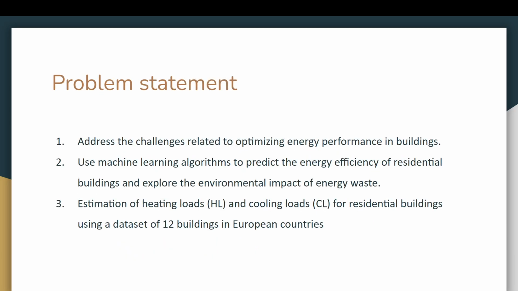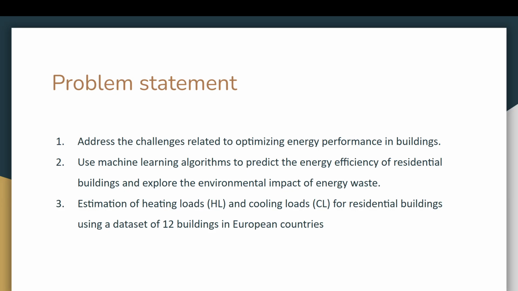The research aims to address the challenge related to optimizing energy performance in buildings, particularly focusing on reducing energy consumption to enhance energy efficiency. The study seeks to forecast the energy efficiency of residential buildings by utilizing machine learning algorithms and exploring the impact of energy waste on the environment.